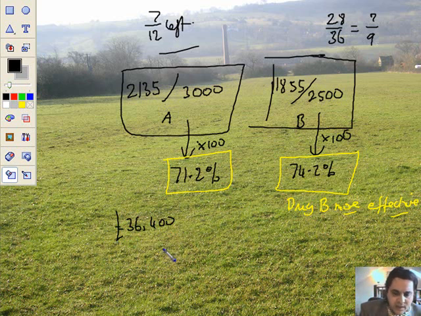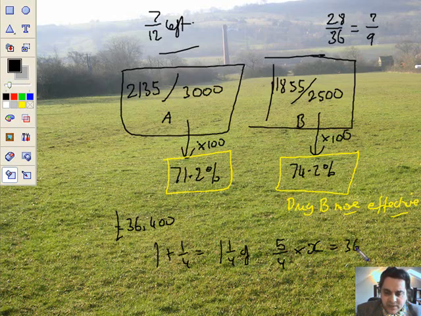So I've got his whole salary plus 1/4 of his salary makes 1 1/4 of his salary. Is that alright? Now this is quite tricky. If I top heavy that, I would go 5 over 4 times something makes 36,400.